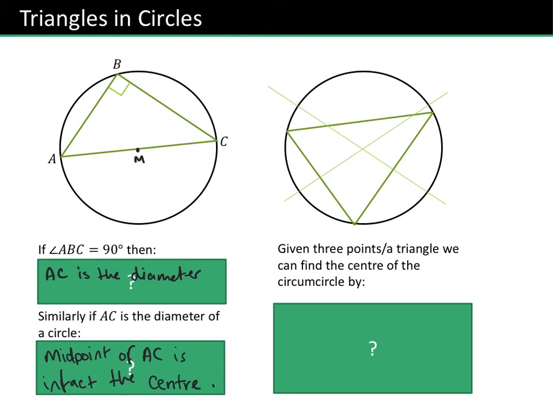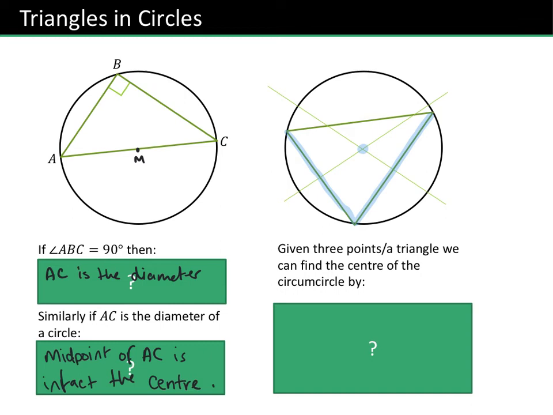Now, how we find the centre of the circle is, here we have the perpendicular bisector of this line, okay? And then if we have the perpendicular bisector of this line, we find out where they intersect, and this will give us the coordinates of the centre of the circle.